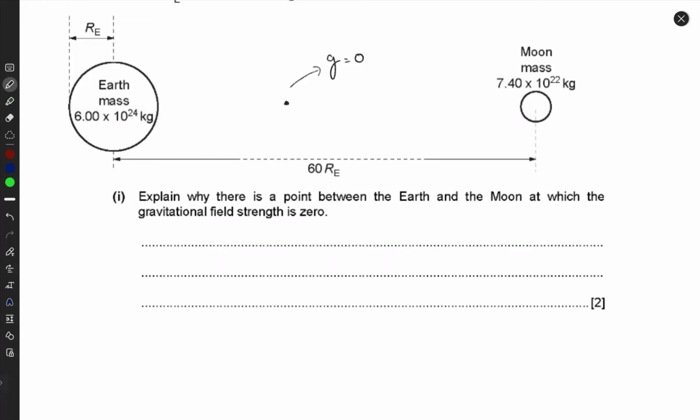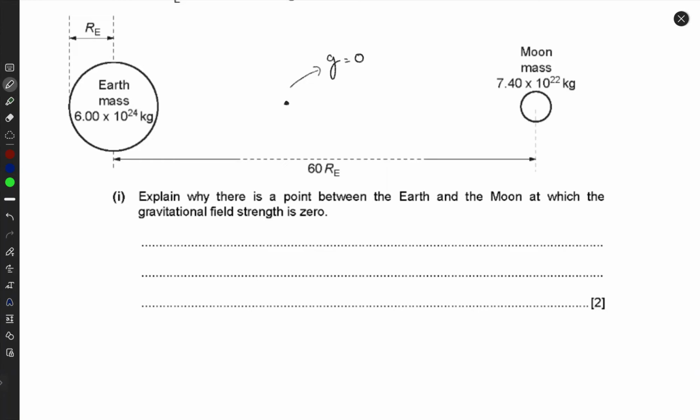Okay, right. Although that might work, why at that mark would the gravitational field strength be 0? What's the reason for that? As the force of the Earth is equal and opposite to the force of the moon. Exactly. That's a very good point.